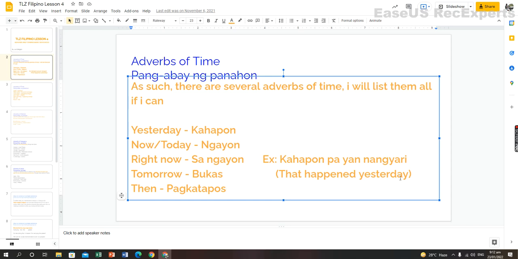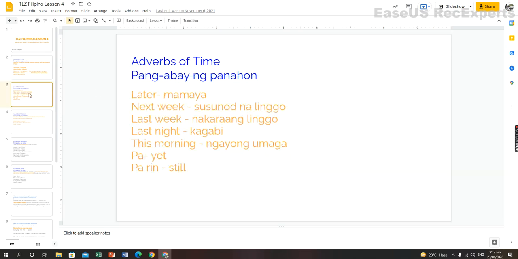I don't know how to explain it actually, but it goes by those lines. So other adverbs of time go later, mamaya, susunod na linggo, nakaraang linggo, kagabi, ngayong umaga, pa, and pa rin. Yet and still, meaning during, not like the staying still.